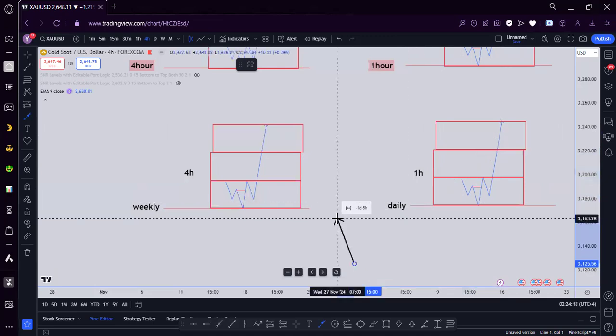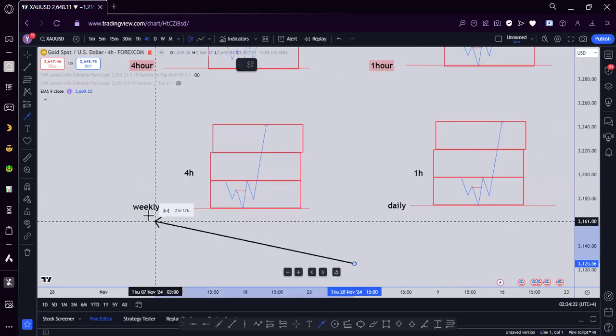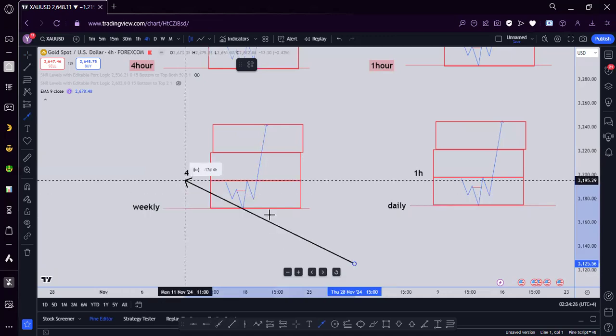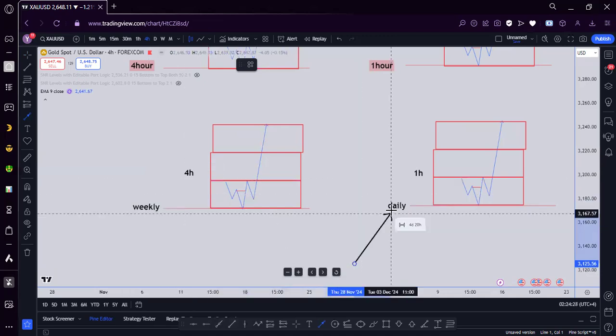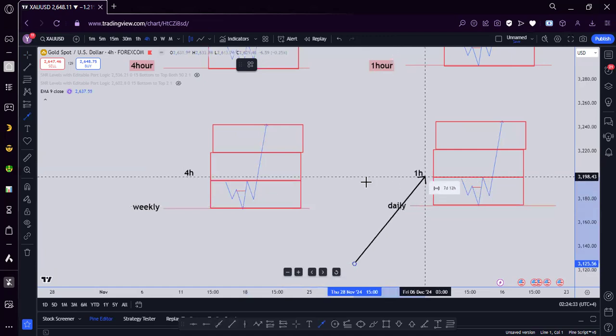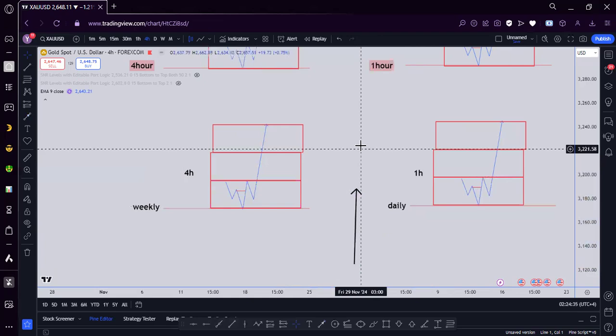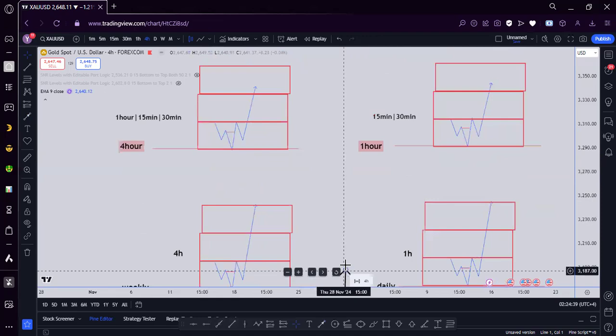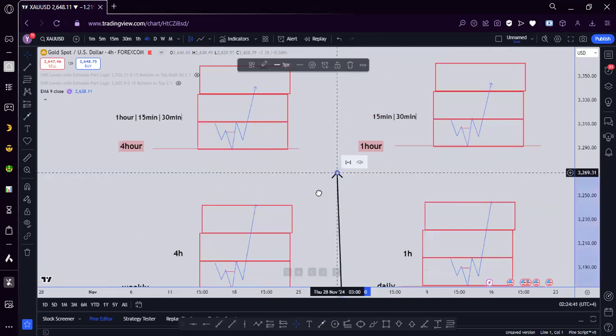Very simple. And we said also the weekly storyline started by a 4-hour KM, and the daily storyline started with what? With a 1-hour KM. Now let's see how the mini storylines start.